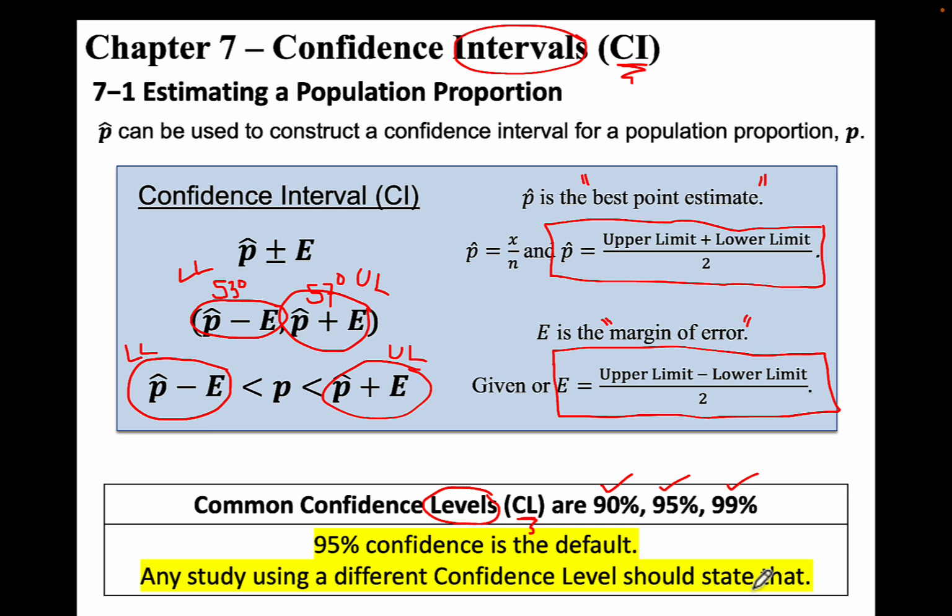It did not state it. So I am to assume that the default confidence level of 95% was used. Any study using anything else needs to make sure they clearly state that, because the confidence level is going to determine how large the confidence interval is.